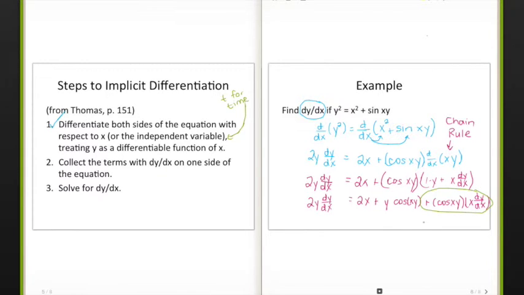So we're going to move this whole mess, our cosine xy times x dy/dx, all of that's moving to the left side of the equation. And we do that by subtraction. Subtracted from one side, now we're subtracting from the other side.